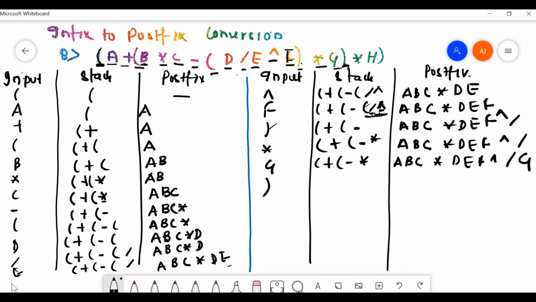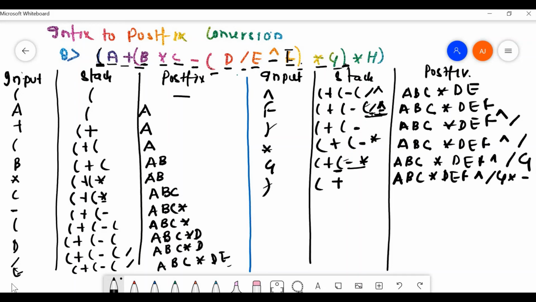Closing bracket encounters, so we pop out these two operators and we cancel this with this. After G we have this bracket. So we pop out the two elements, so it is A, B, C into D, E, F, power divide G. First of all it is into and then it is minus.